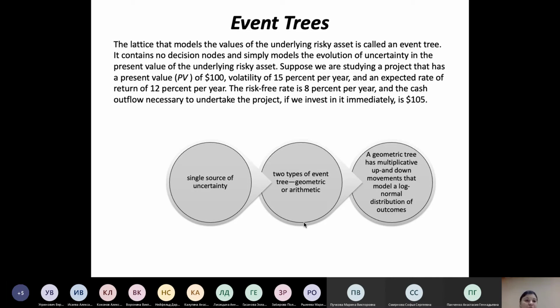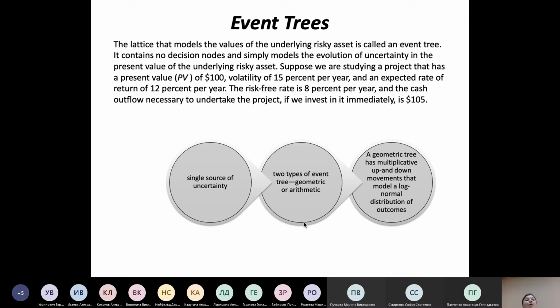Expected rate of return is 12% per year, the risk-free rate is 8% per year, and the cash outflow necessary to undertake the project, if we invest immediately, is $105. In other words, our capital expenditures are 105.